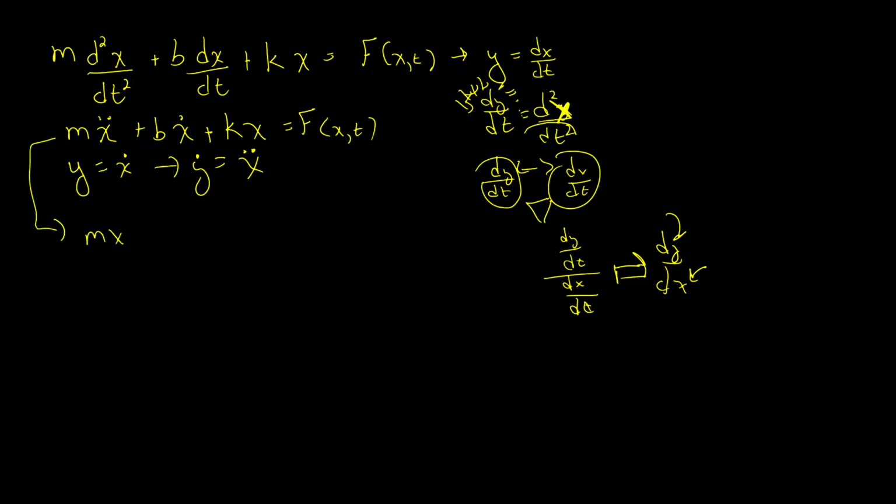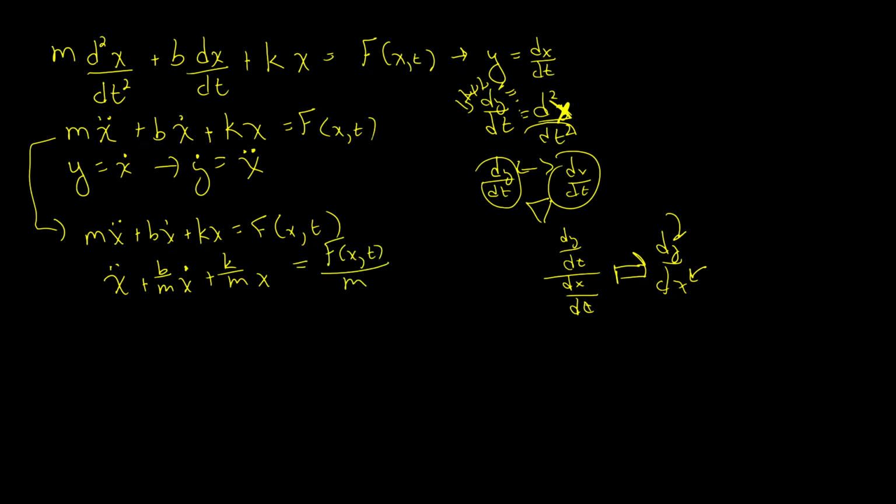Since I'll focus on this, I'll rewrite it as I focus on it. So I'll divide everything by m. And so we have everything in terms of accelerations now, because force divided by m is an acceleration.